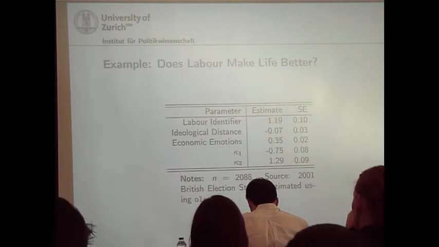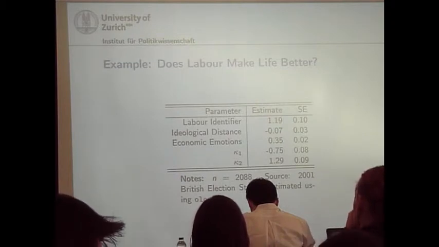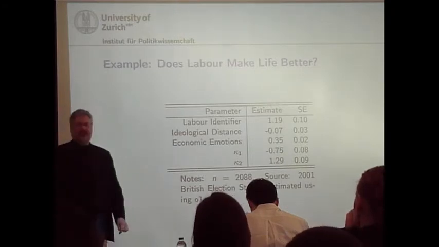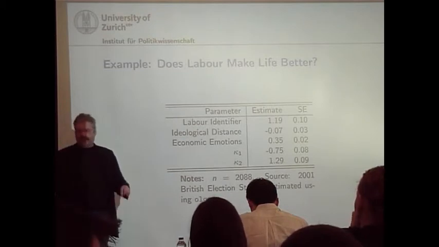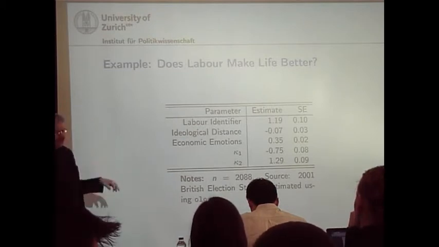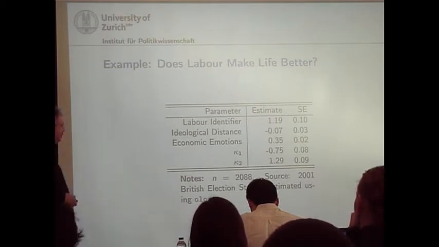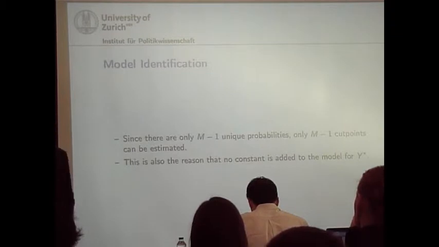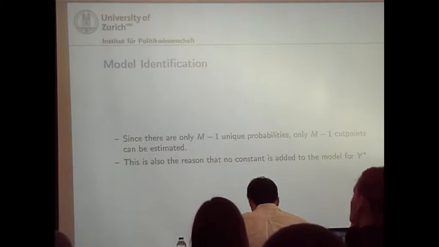That much you can tell right from looking at these estimates. But you cannot say exactly what the magnitude of the effect of labor identification, ideological distance, or emotions is. To get to that, we would have to get to odds ratios or predicted probabilities.